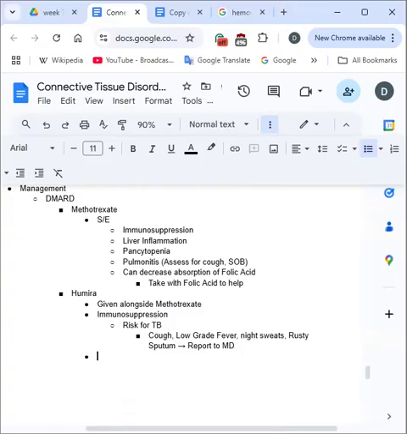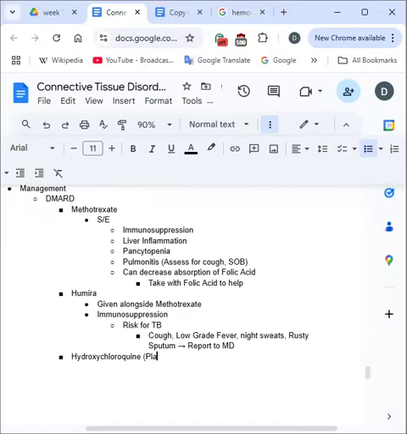Other meds I don't think are as important, but have them there for completion. So the hydroxychloroquine, or hydrochloroquine. Wow.